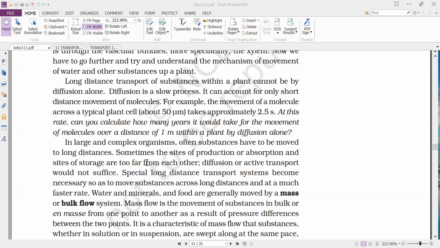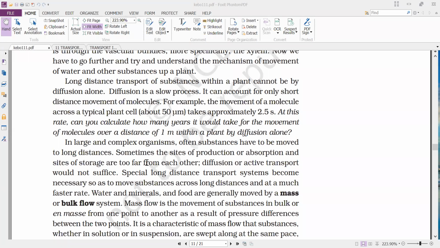Diffusion or active transport would not suffice, that is, will not be sufficient. That's what it is meaning. So diffusion or active transport is not sufficient for the transport of these substances for that long distance.